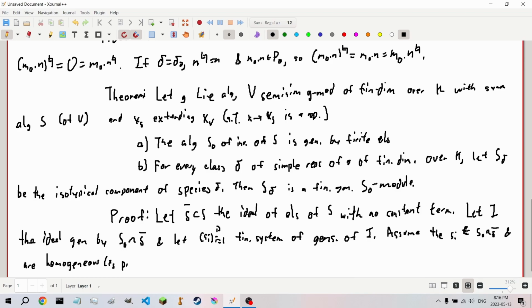X preserves degree, and so each S delta is a graded submodule.